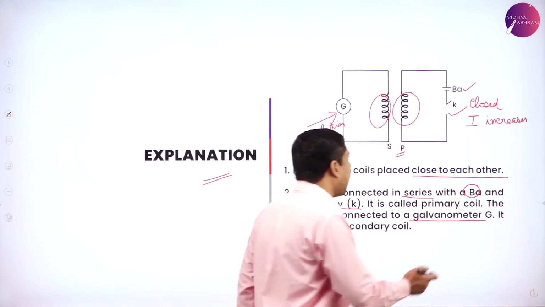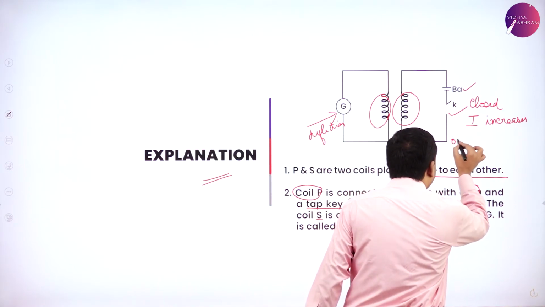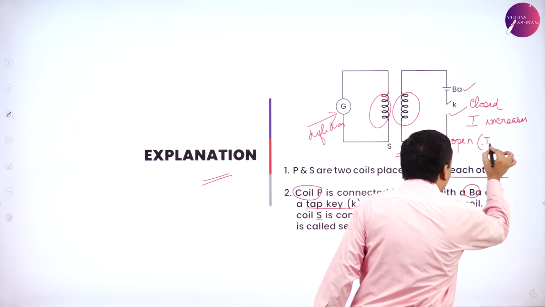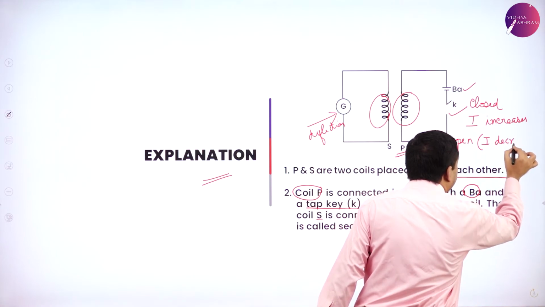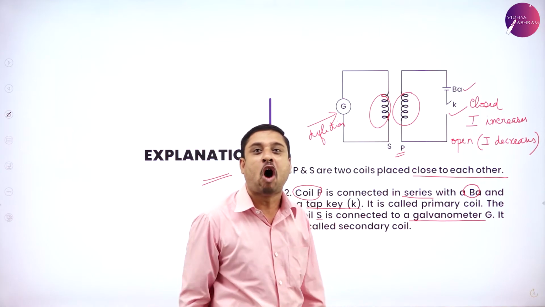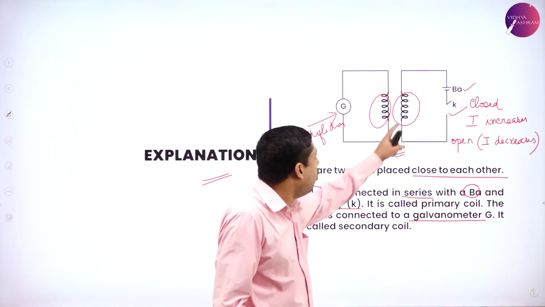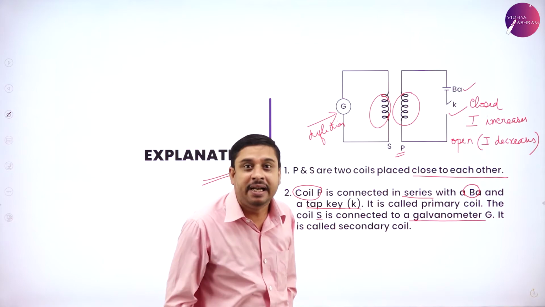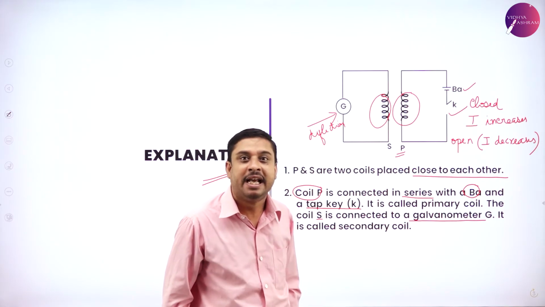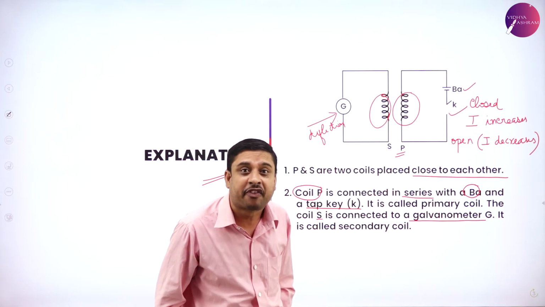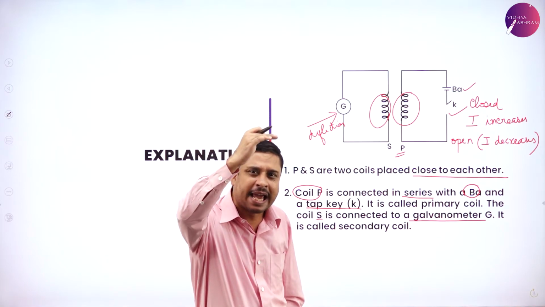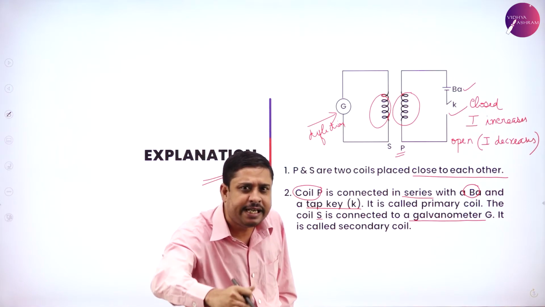The next case, if I open the circuit, open the key, current decreases in the primary coil. Now the tap key is opened, the switch is opened, the circuit is opened, there is decay of current. From maximum, slowly the current goes on decreasing.